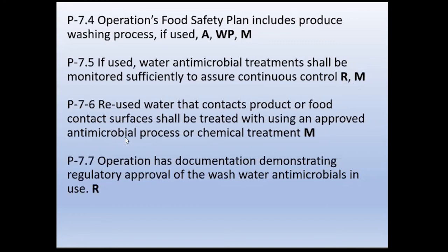All right, P 7.6, reused water, and that's going to be your dunk tank, that contacts product or food contact surfaces shall be treated using an approved antimicrobial process or chemical treatment. Now, this is mandatory. Records are not required, but the auditor who is at your facility would probably look for evidence to make sure that this is being done. So for 7.6, you want to have the label for the type of antimicrobial product that you use.